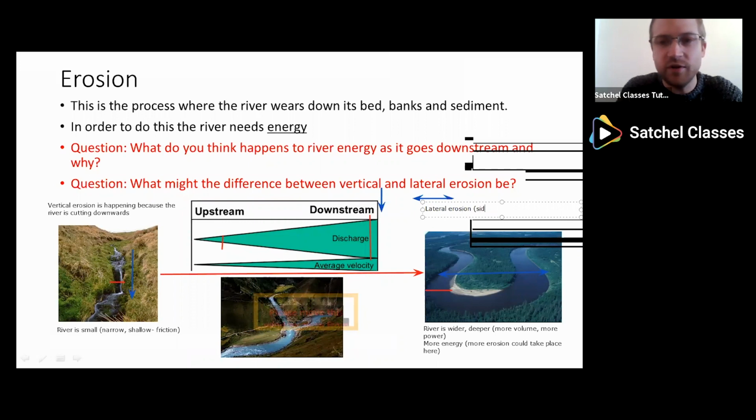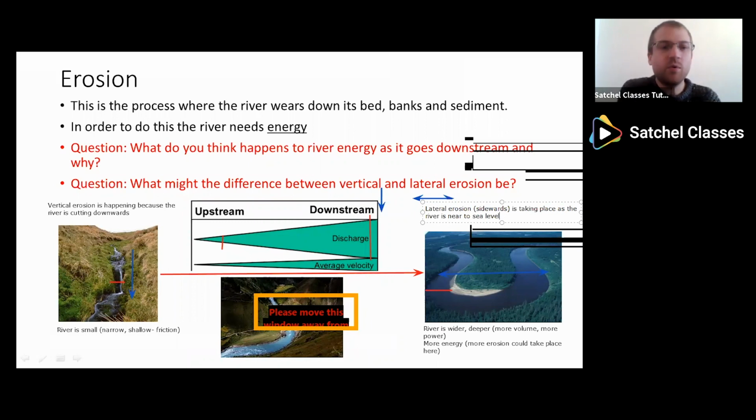So it's this sidewards erosion is taking place as the river is near to sea level. All of its energy that is used cutting downwards is now changed to erode sidewards.